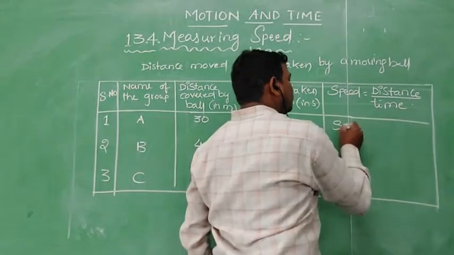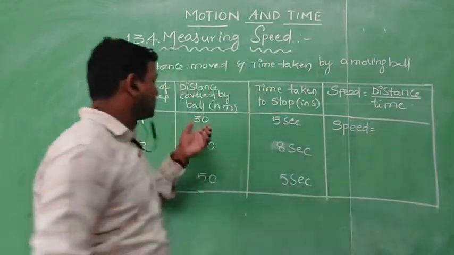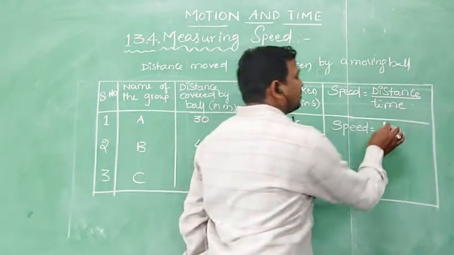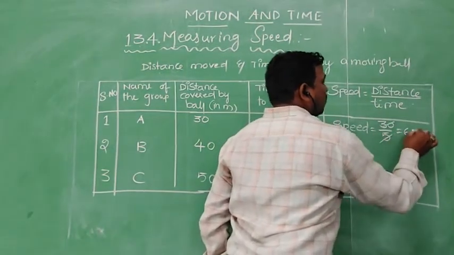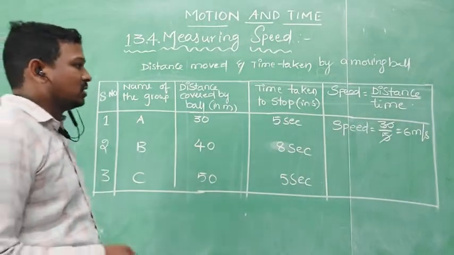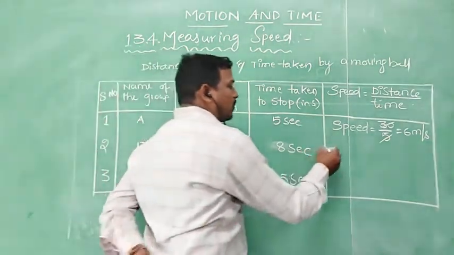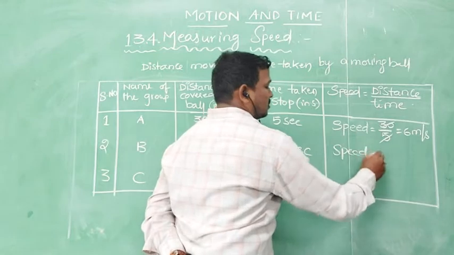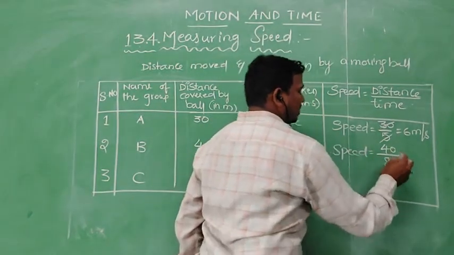Speed is equal to distance by time, 30 by 5, which is equal to 6. What are the units? Meter per second. Now the speed of ball B is equal to 40 distance by 8 seconds of time.